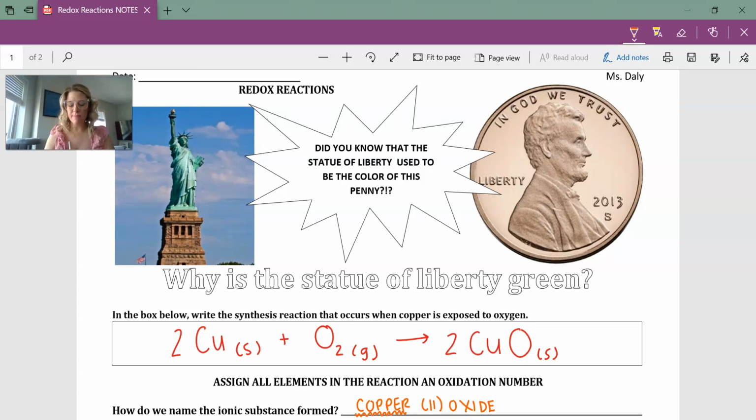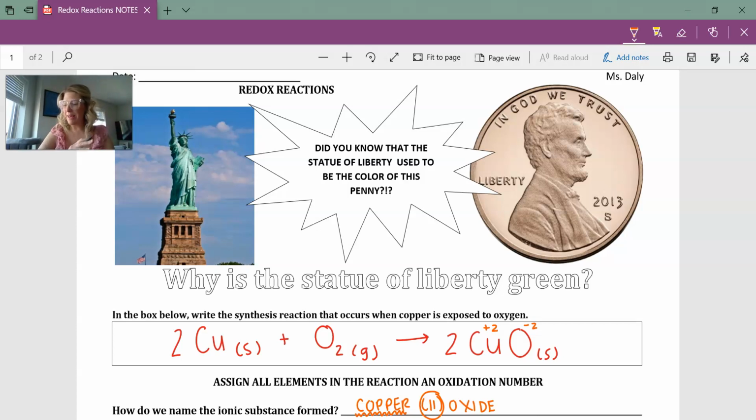When we have transition metals, we need to name the compound so that it indicates the charge that's present on that ion. So copper, because it is in a 1-to-1 ratio with oxygen, and oxygen forms that -2 charge, copper is going to form a +2 charge. And so hence our name, copper(II) oxide, the II representing that charge on the metal ion.